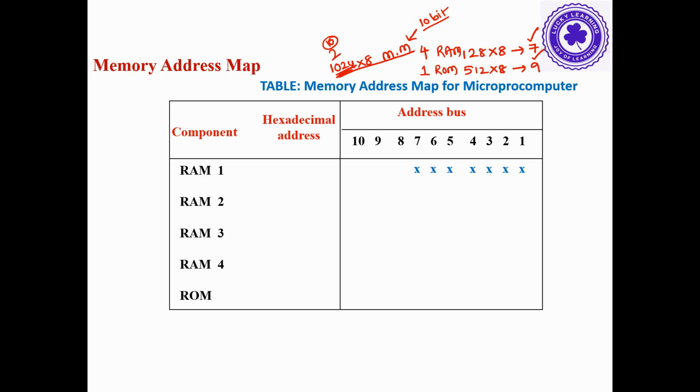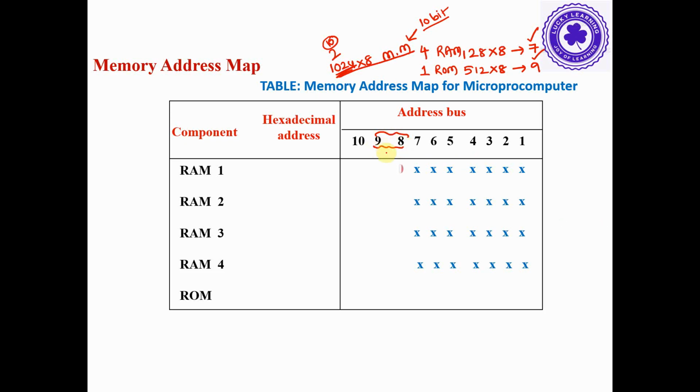These 7 least significant bits are common for all the RAM, and even common for ROM also. But look at how many RAM chips there are: totally 4. Which RAM chip is to be selected is decided based on the 8th and 9th bits.